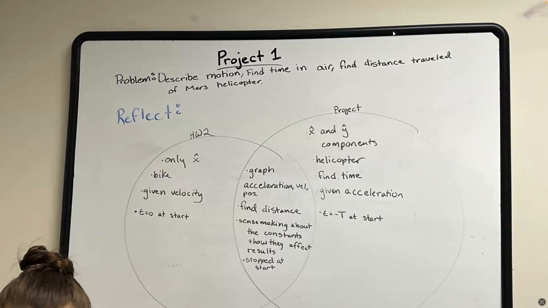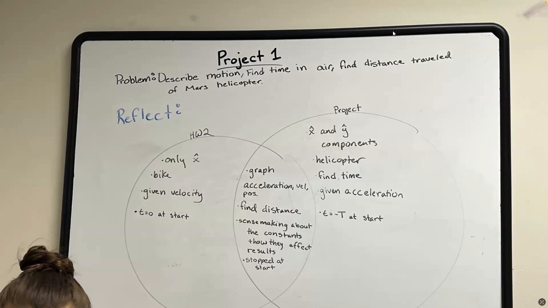However, there is a big difference between these two problems. First, the motion of the object in the problem is completely different. The helicopter moves in the X and the Y directions, while the bicycle moves only in the X direction.